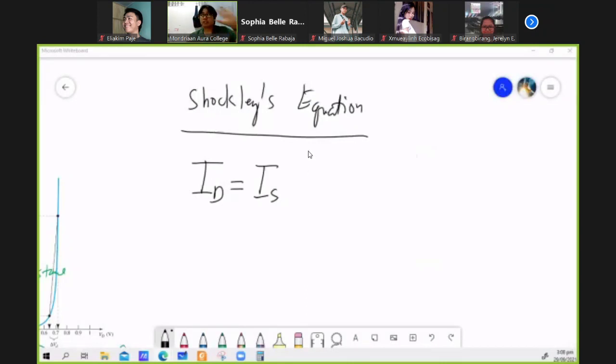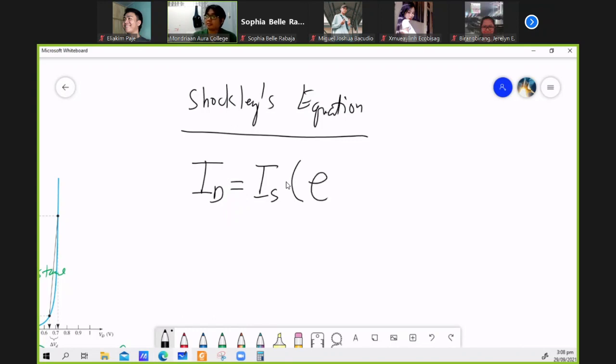So, ibig sabihin, itong Shockley's equation na to, hindi lang basta standard yung value ng I sub S. Pwede siya mag-iba-iba depende dun sa given na model ng diode. So, that's the reverse saturation current or leakage current. Depende sa model. Multiplied by e. Anong e?